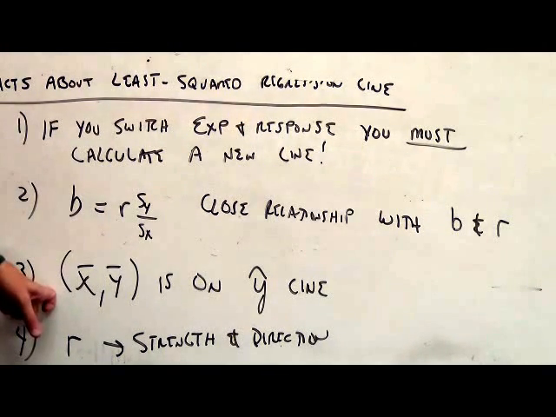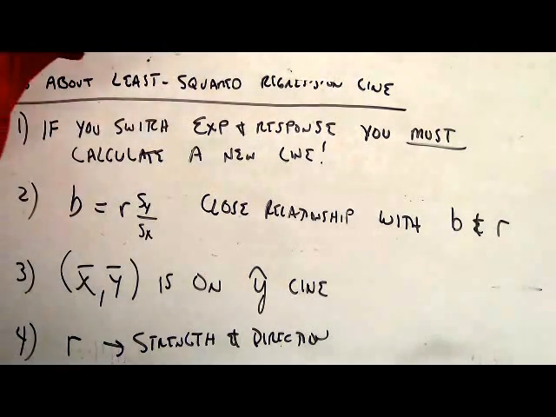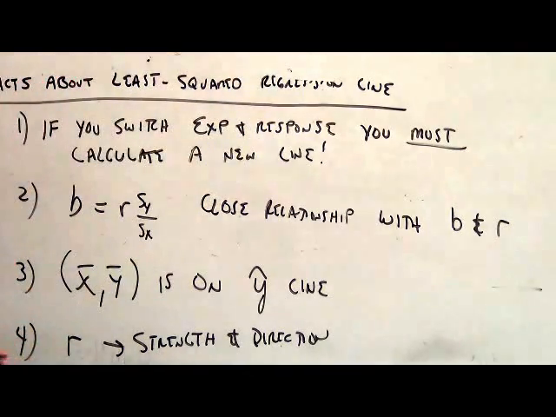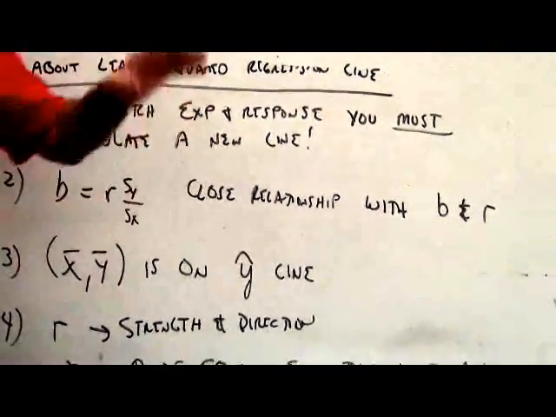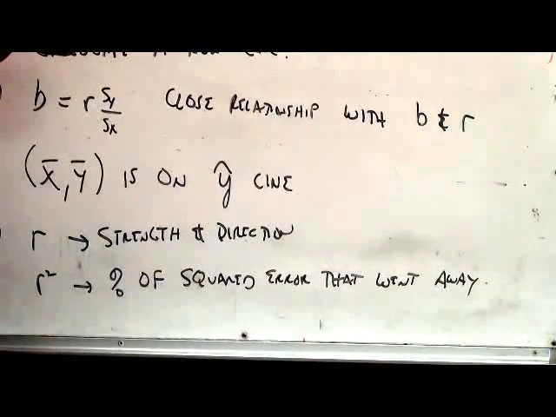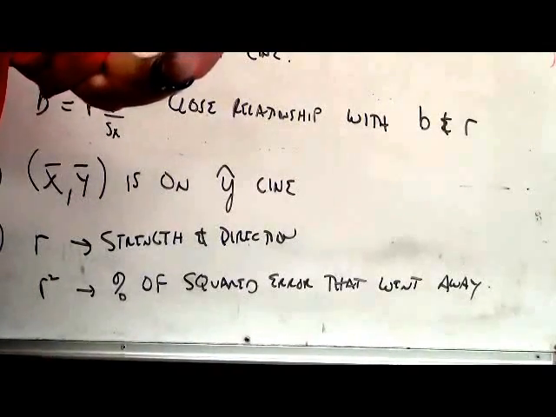This one you should already know. The mean of the x's and the mean of the y's is always going to be on that least squares regression line. And then finally the last one. R and R squared, even though we can calculate them totally different ways, you can just square one of them and get the other. You might think they mean the same thing, but they give you totally different information.